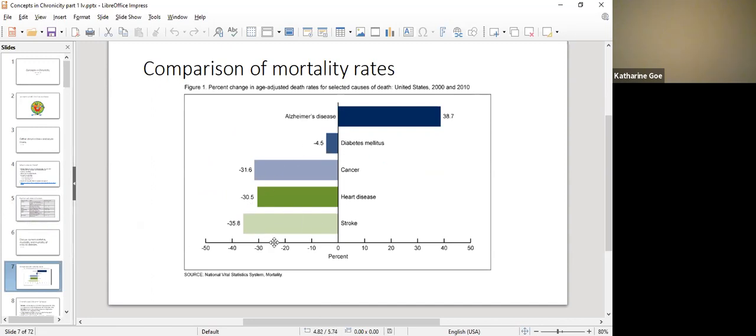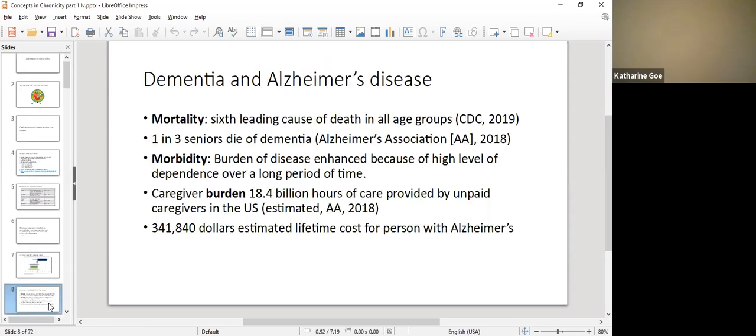So there's been some improvement in reducing death related to these chronic illnesses through better understanding of treatment, more effective patient education, that kind of stuff. Whereas Alzheimer's disease, you can see, has really not improved at all and has become an increasing cause of death in the last decade.